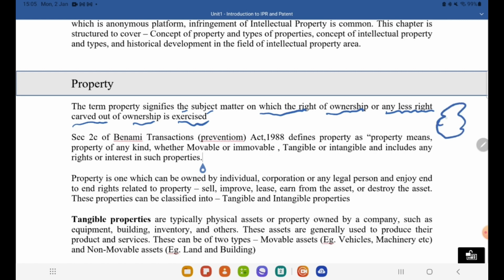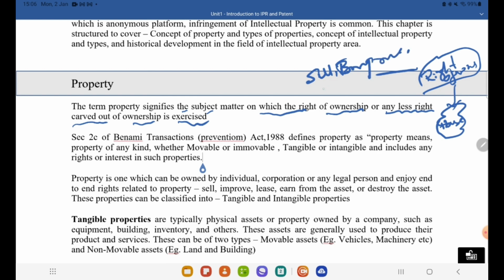For example, we take a house on which the right of ownership is exercised. If I am the owner of the house, I will have the rights of ownership. What rights will I get as an owner? I can sell, I can improve that building, I can lease it out, or I can earn anything else from that house, or finally, if I do not want to live there, I can destroy it.